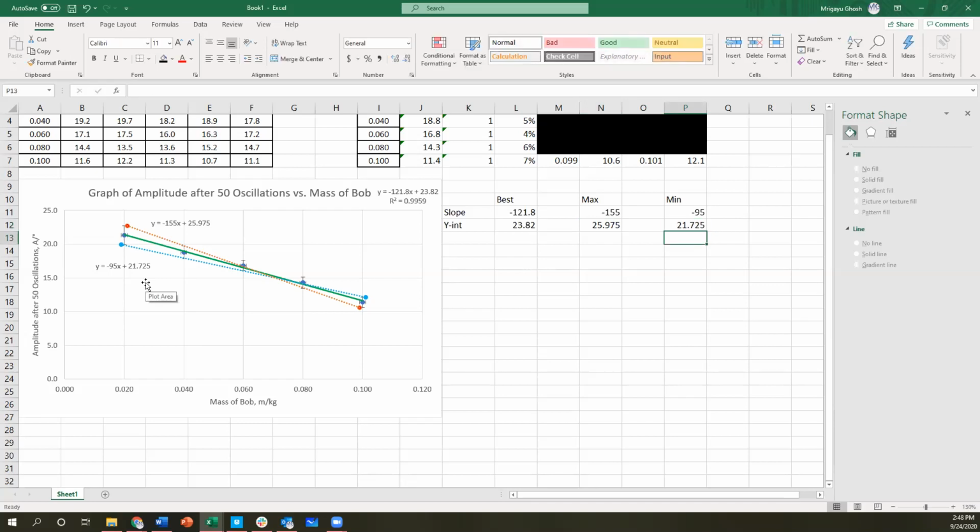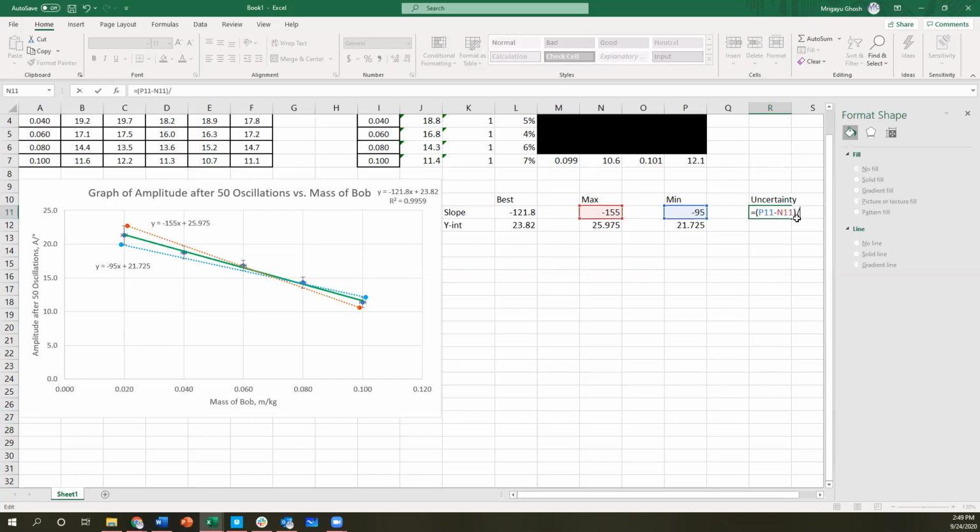Okay. So now we're going to find the uncertainty in each. To find the uncertainty in the slope, we're going to do the maximum minus the minimum over 2. However, we have to be careful here, because even though this is the max line slope, this one's bigger than this one. So we have to do the range, max minus min, divided by 2.